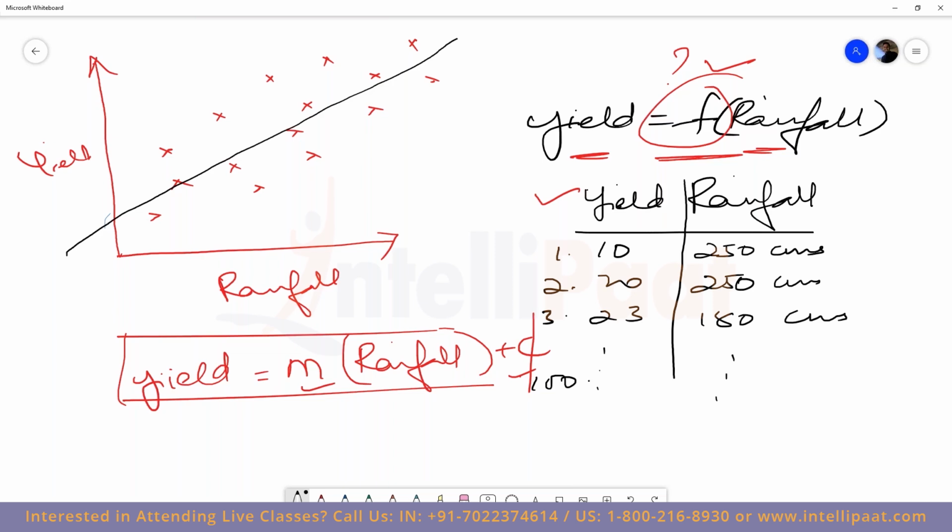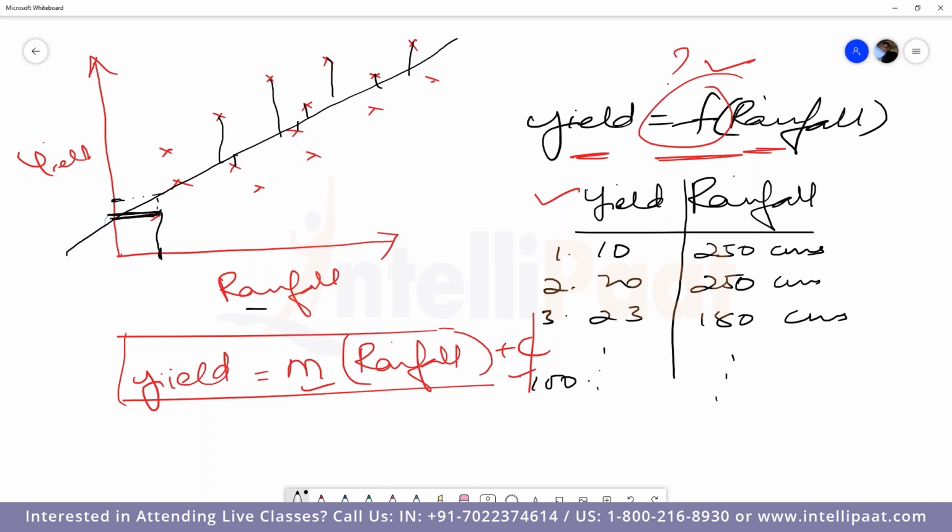But when I say close to all the data points, how do I measure close? How do I measure this proximity? One of the most popular measures is that you would want to make sure that every point is as close as possible to the line. Another way of saying the same thing is, for every value of x, there is an actual value of y. For every value of rainfall, there is an actual value of yield and there is a predicted value of yield, right?